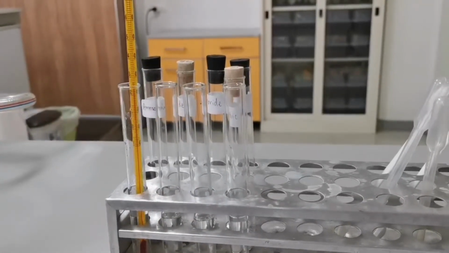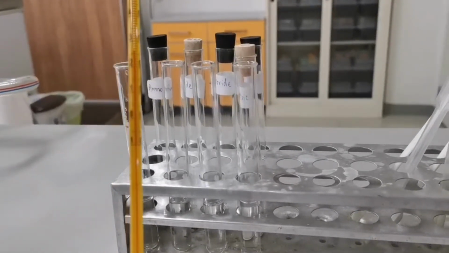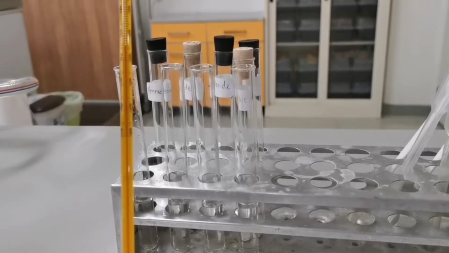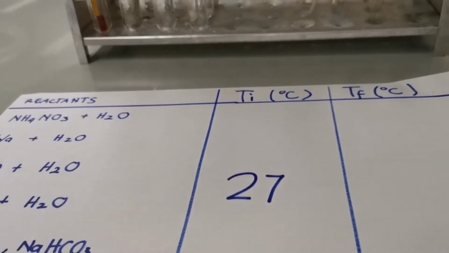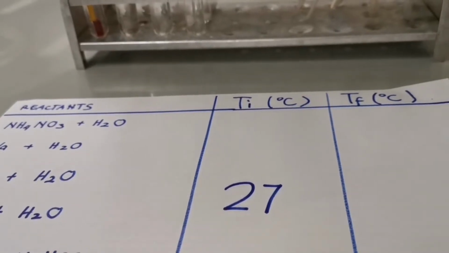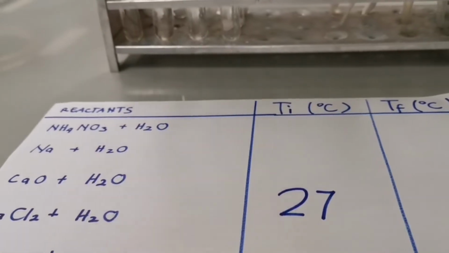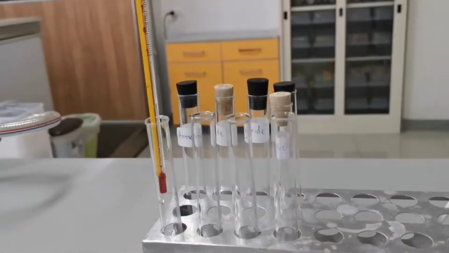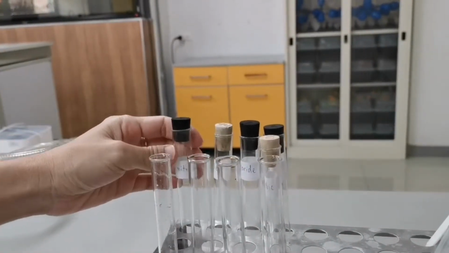The initial temperature of the water has been measured to be 27 degrees Celsius. Let's write it down there. 27 degrees Celsius is our initial temperature. We will start with dissolving ammonium nitrate.